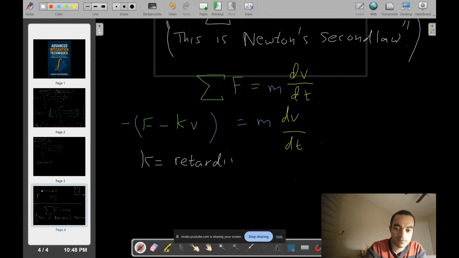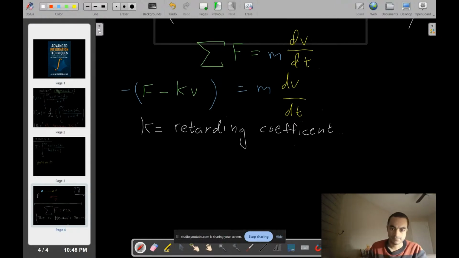Retarding coefficient. So the F minus KV. That's what happens. We have to put that negative KV into our force equation. So F minus KV is M dV dt, and it's negative the whole thing because of the resisting force going the opposite direction on the horizontal axis.